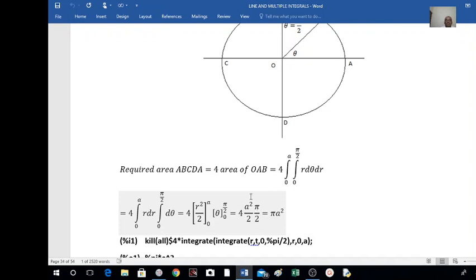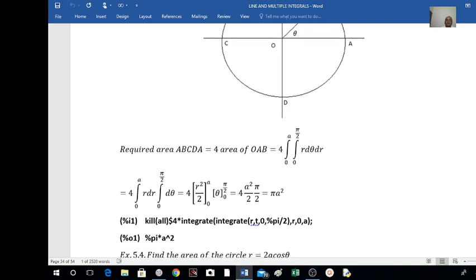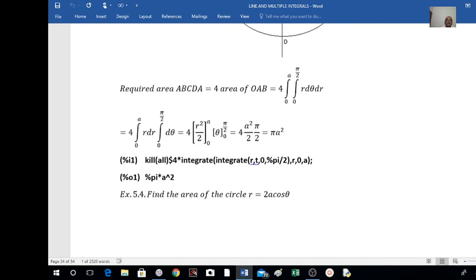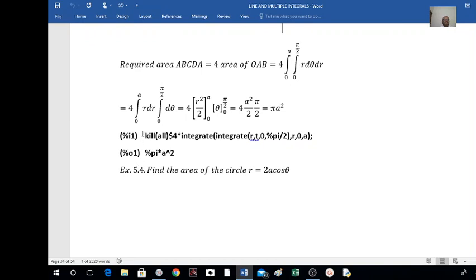The final answer is pi into a square, and we know that the area of a circle is equal to pi r square, right? If you want to write the code in Maxima, you can write it. Let me copy this.